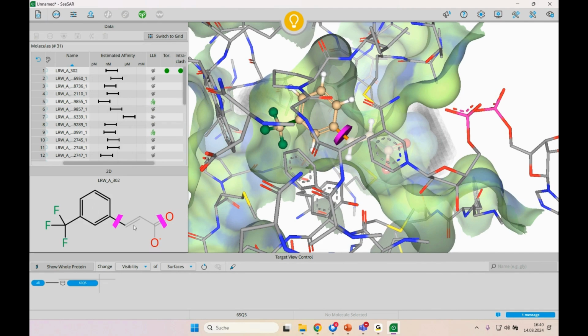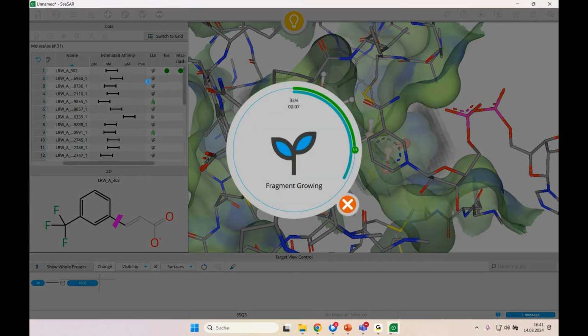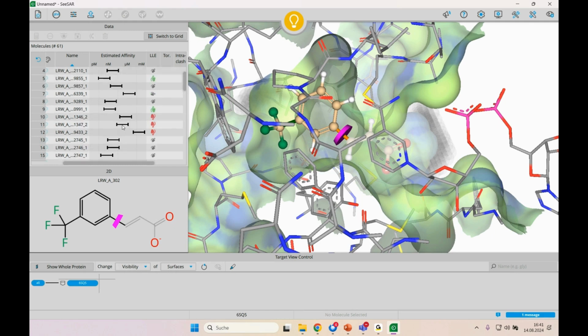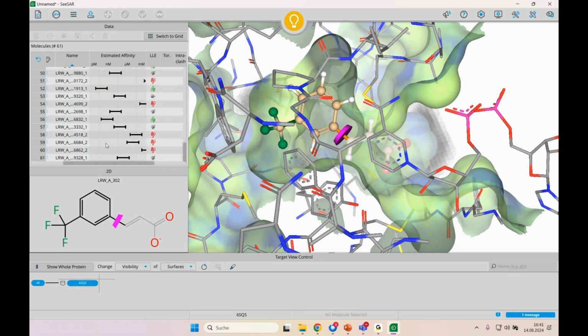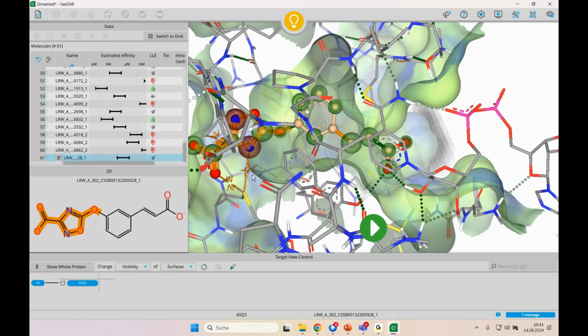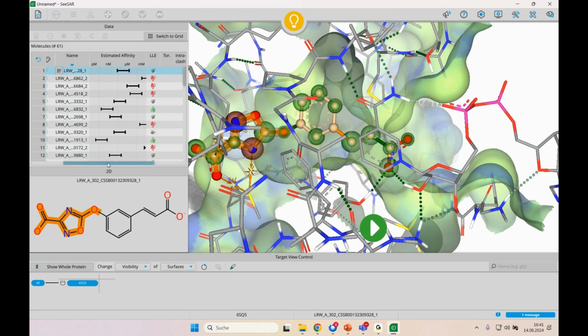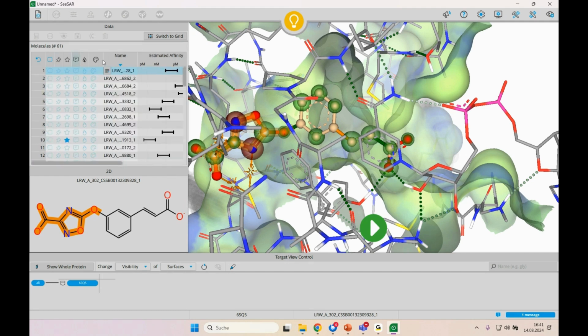I will now exchange this carboxylic acid part here. So the last 20. Yeah, numbering. I have to come up with an idea how to differentiate them.